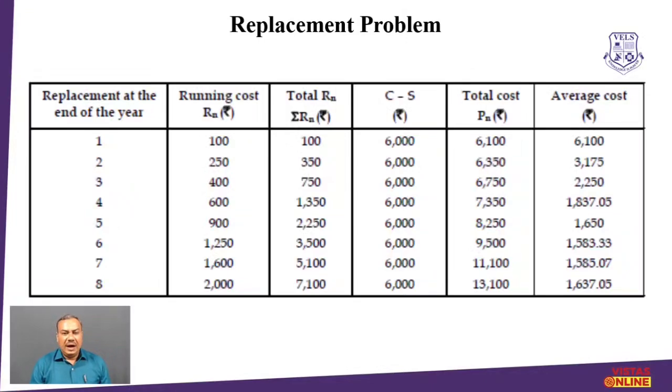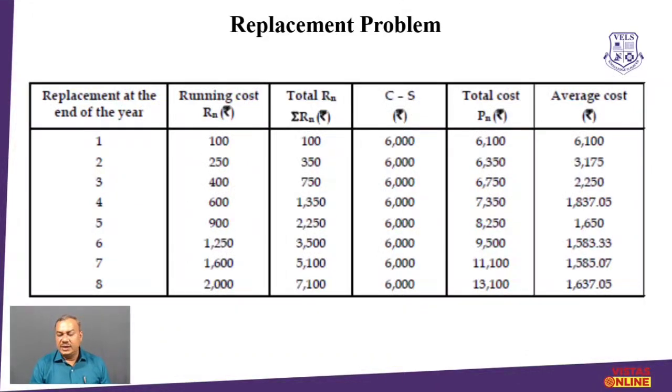After that, how can we conclude this problem? How can we find till which year we can use this machine? After which end of the period can we replace this machine? So we consider the average cost for every end of the year.